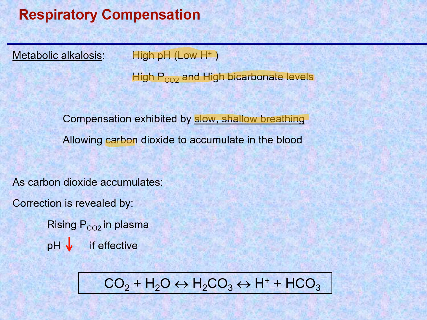This, of course, allows the carbon dioxide to accumulate in the blood. If carbon dioxide is accumulating, then the equation is driven from left to right, and hydrogen ions will start to accumulate, and you'll get a drop in the pH.